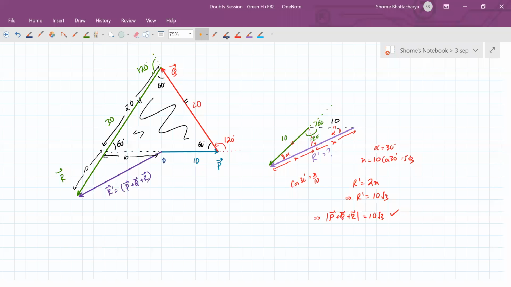Okay, so we will discuss question number 8 from assignment 3. Then we will come to the exercise doubts. Plus, I want to leave some time in the end for discussing the doubts from major test 1 also for you people. So we will come to that.